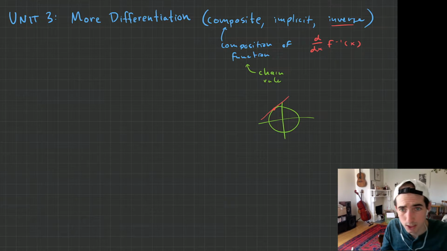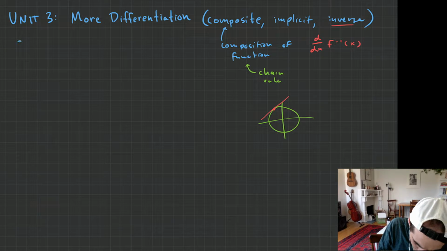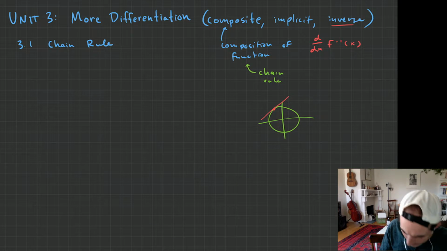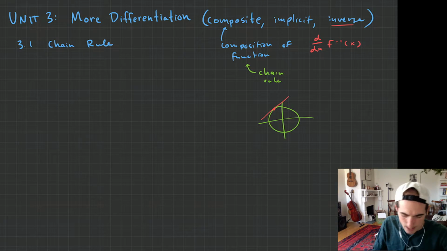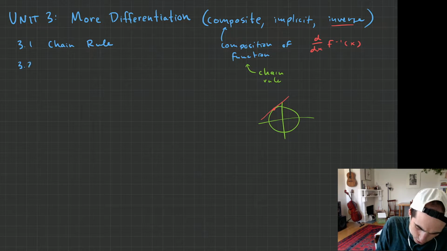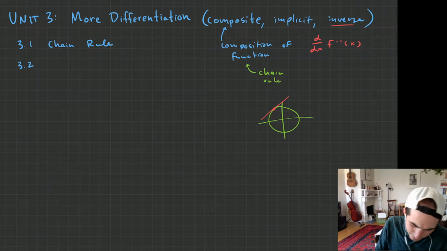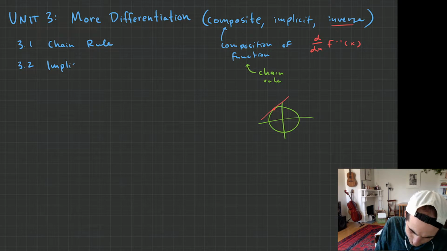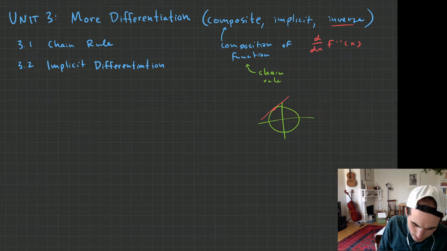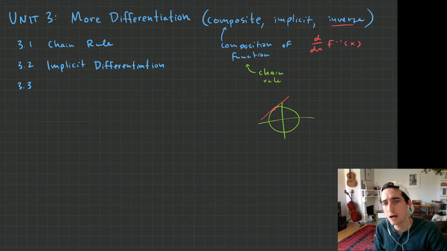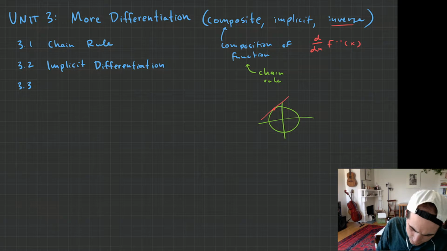Okay, so the 6 topics are, well, the first one is the chain rule, where you take the derivative of a composition of functions. 3.2 is implicit differentiation. 3.3 is on inverse functions, so differentiating inverse functions.